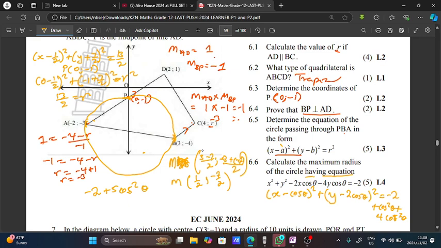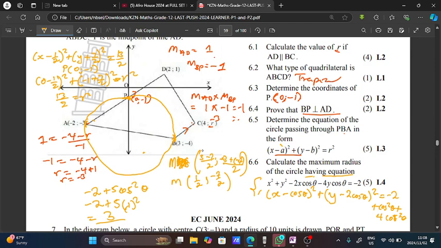What is the maximum value of cos? 1. So we have minus 2 plus 5 into 1 squared, because the maximum value of cos is 1. So now the maximum value here will be 3. That will be the maximum value of the radius that you can get here.